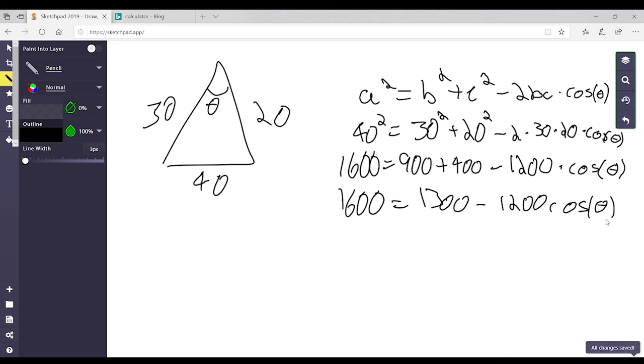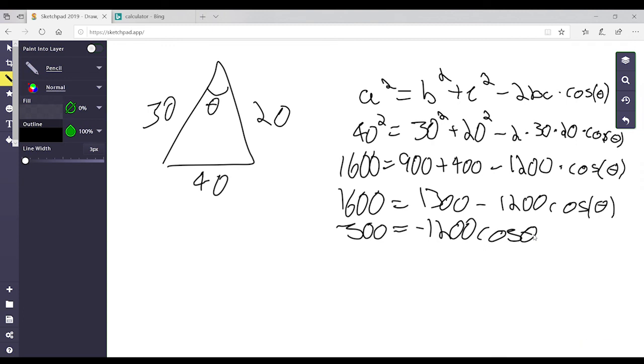Okay, so now let's subtract 1300 from both sides. So 300 equals minus 1200 cosine of theta.